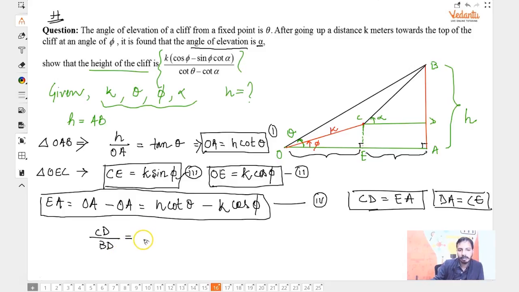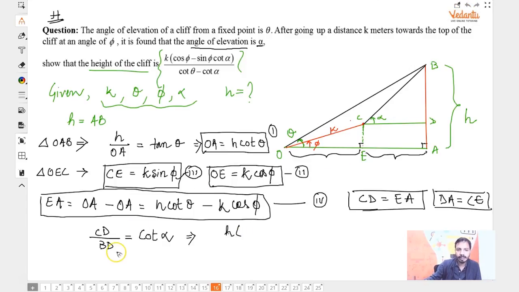CD by BD can be written as cot of alpha. Or you can write the opposite one, that is BD by CD is tan of alpha. So why I have written it this way? So that I can find out or write this in terms of CD. So now what is CD, guys? CD is nothing but EA. And what is EA? EA is H cot theta minus K cos phi.